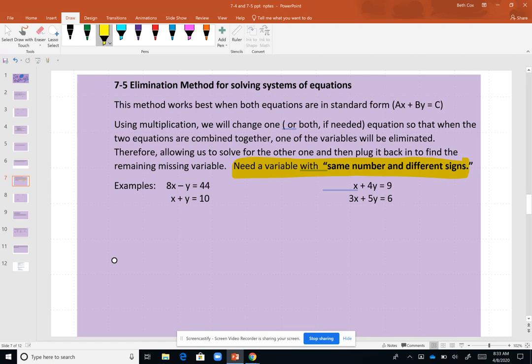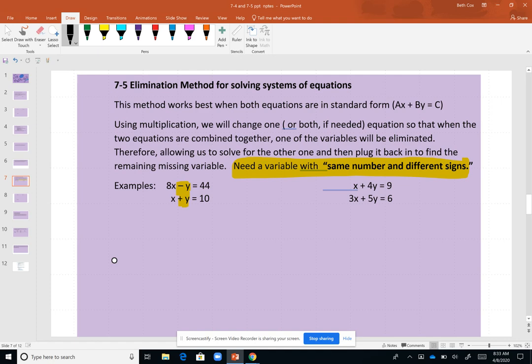If you look at this first example, you will see that the y's have the same number, which is 1, and different signs. One of them is a negative y and the other one's a positive y. If I add those together, they will eliminate. That's why this method is called elimination.